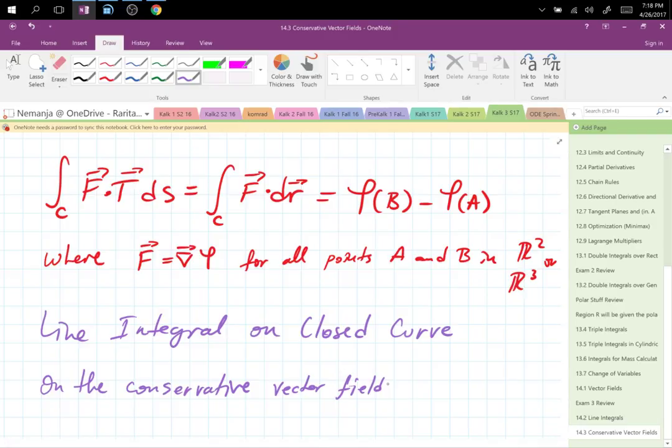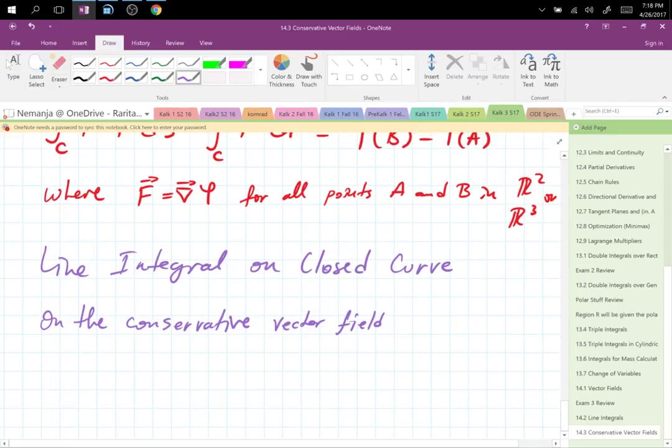Yes. Ooh. In a conservative vector field, look at this. The integral on the closed curve C, F dr, or you can put any other form, is 0. Nice.